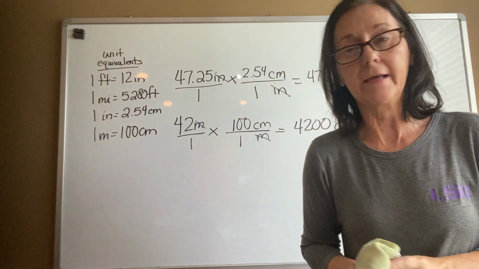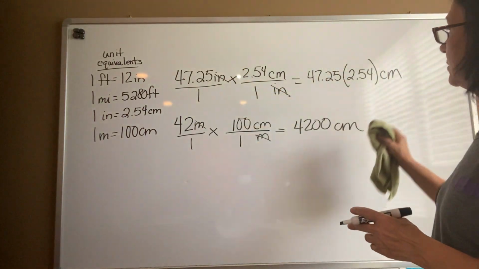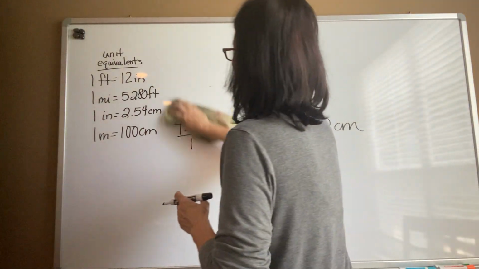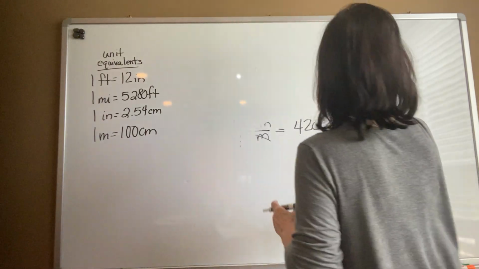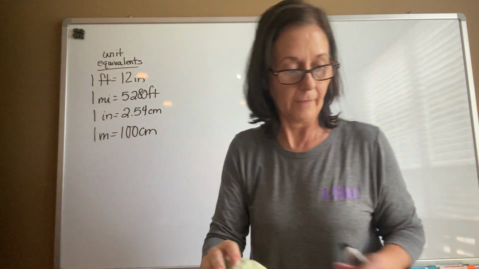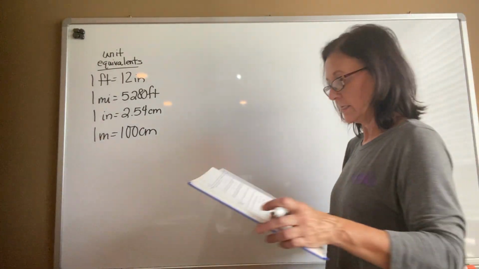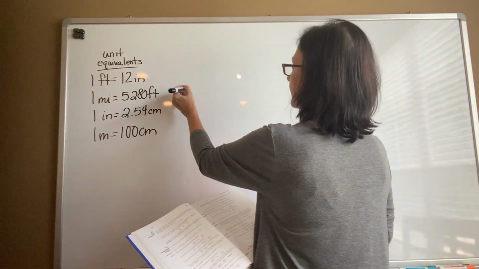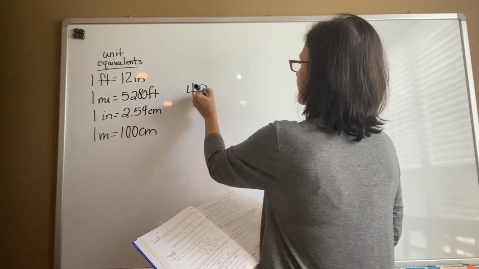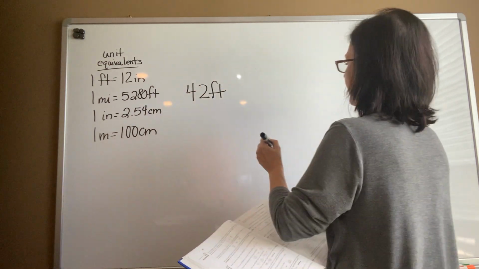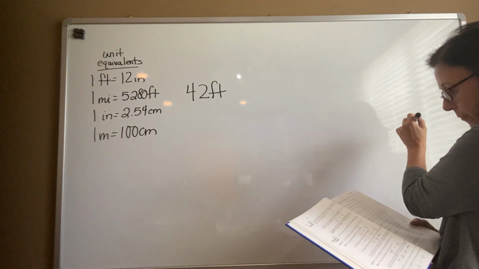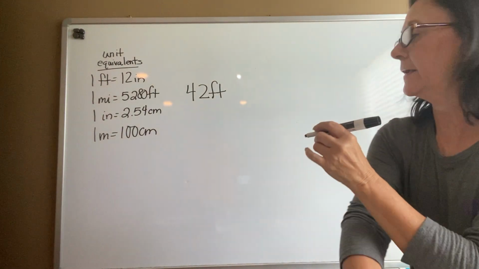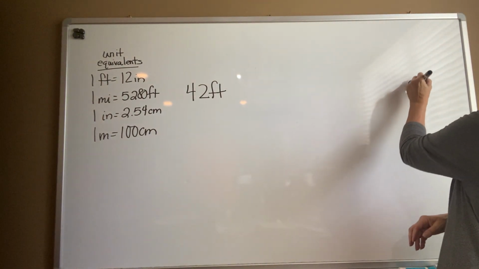Okay, look at 4.9. Now we have to use 2 of these unit multipliers. It says to use 2 unit multipliers. I want to go 42 feet, and I want to end up with centimeters.